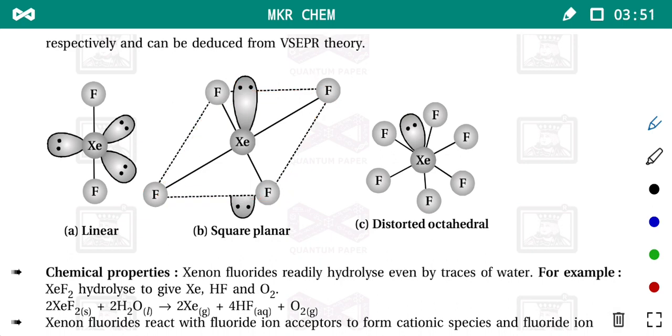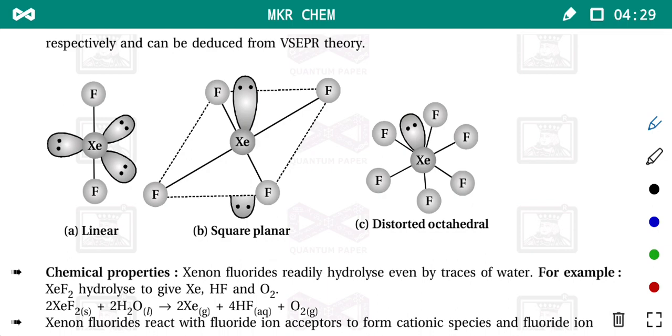Then XeF6, remember this thing, students do not write this distorted. It is not a perfect octahedral. Due to the lone pair, the fluorines are slightly bent, so it is a distorted octahedral. Here 6 bond pairs and 1 lone pair are there. Draw the shape according to VSEPR theory. XeF2 is linear, XeF4 is square planar and XeF6 is distorted octahedral.